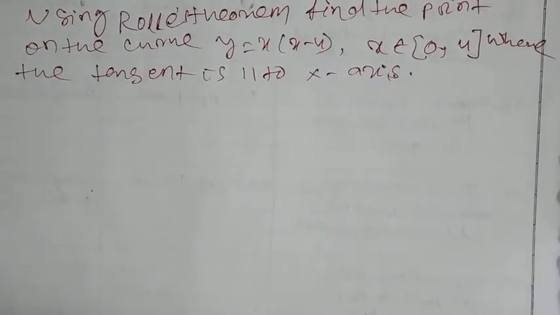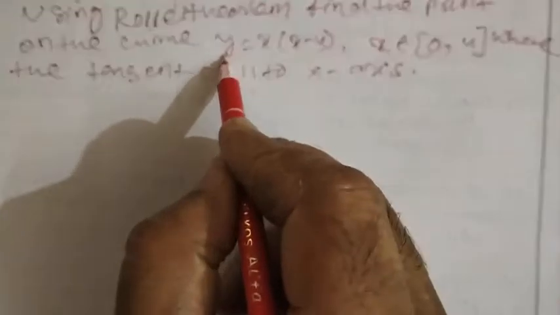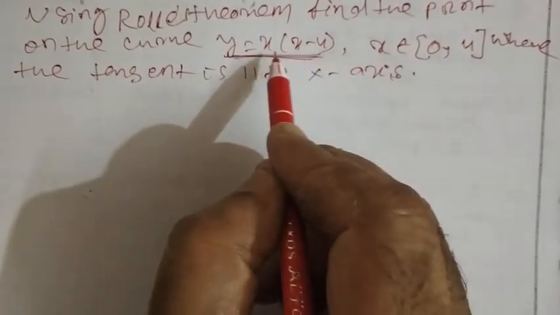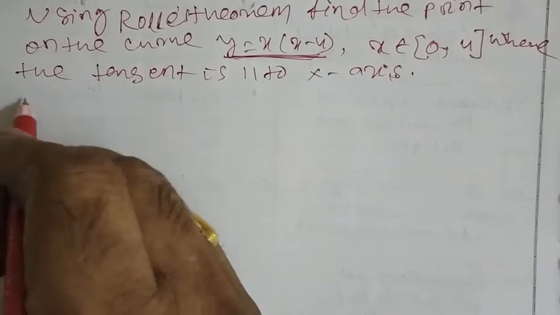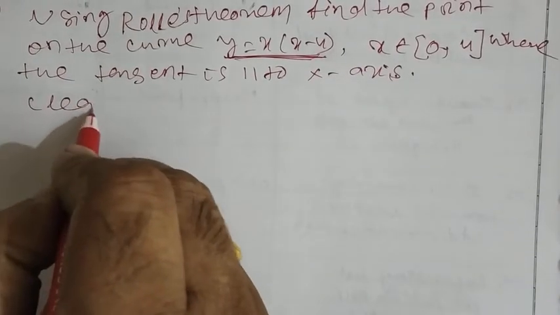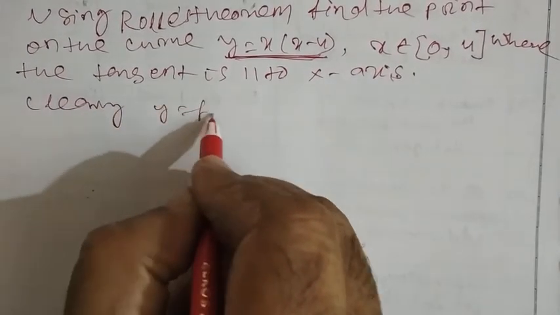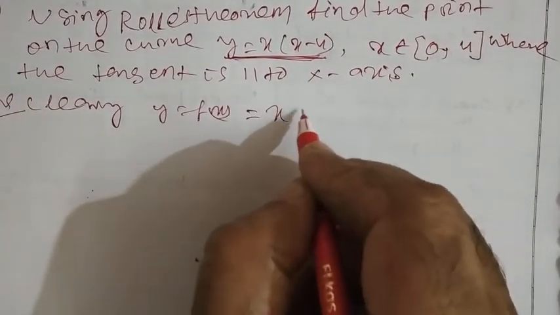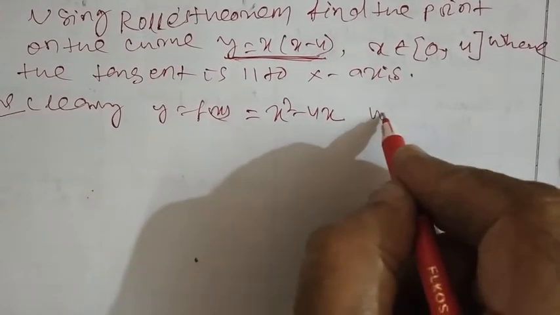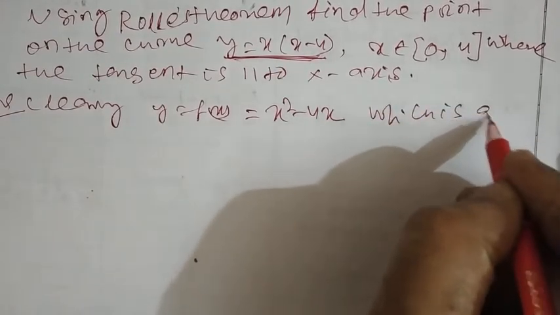As we are going to use Rolle's theorem, we must see the function. Clearly the function is a polynomial function which is everywhere continuous and differentiable. Clearly y equal to f(x) equal to x square minus 4x, which is a polynomial.